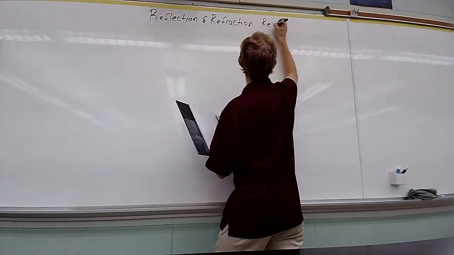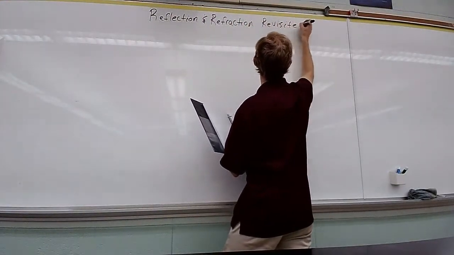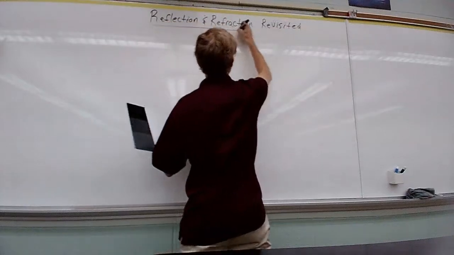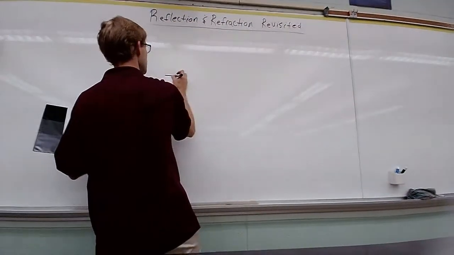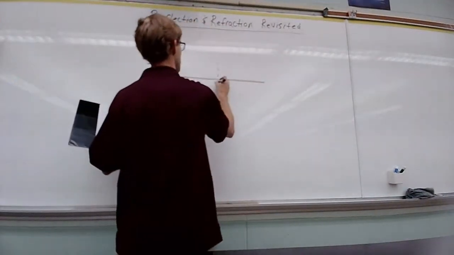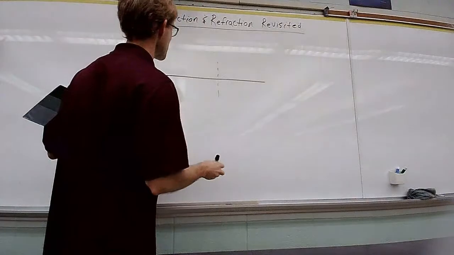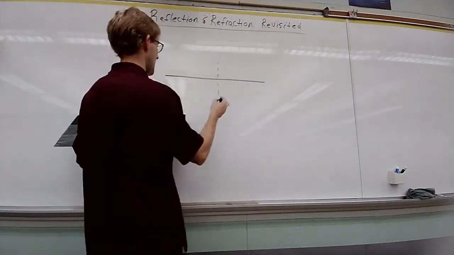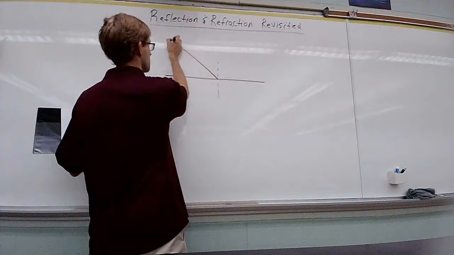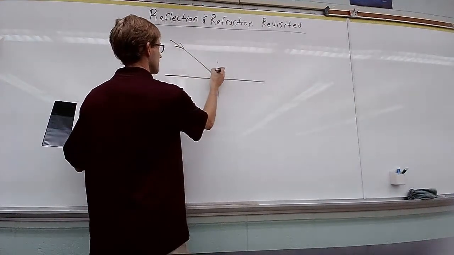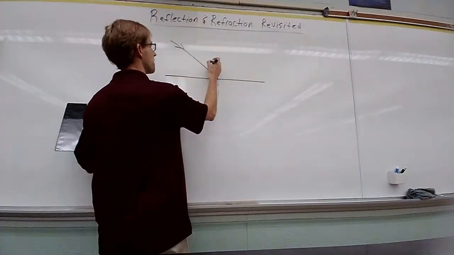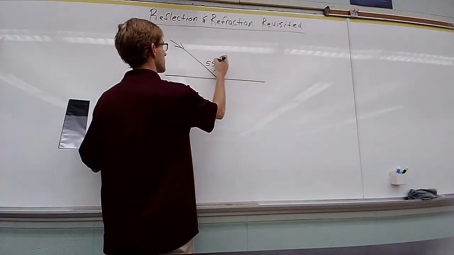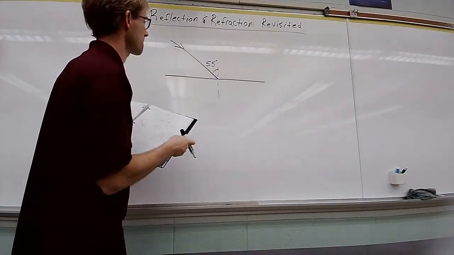Alrighty. So here we go. Hopefully part of this looks a little familiar to you. Let's say we've got two different mediums here. And maybe there's a ray coming in like that. And it makes a 55-degree angle with respect to the vertical there.